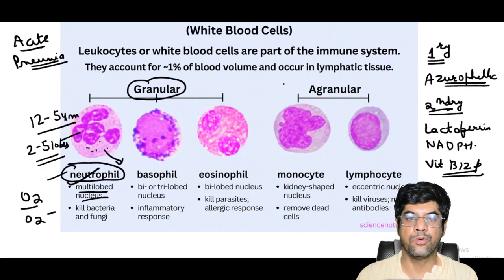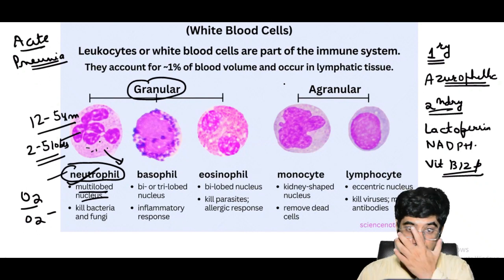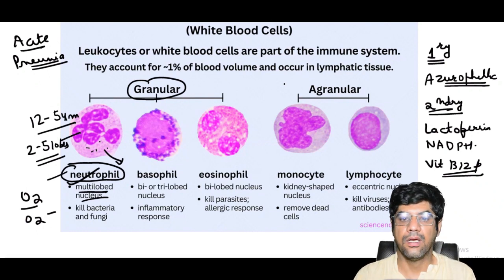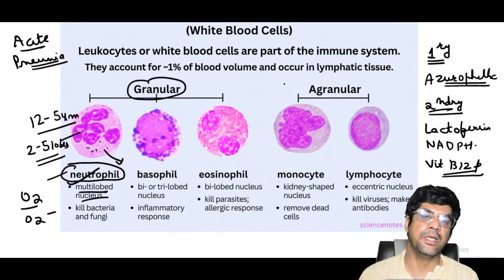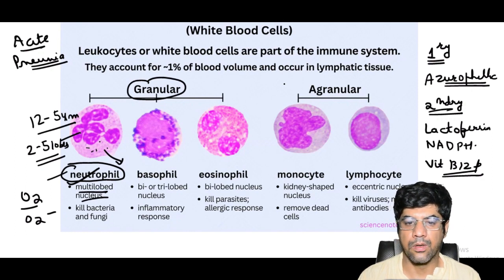The cause could be typhoid fever, influenza, measles, viral hepatitis. The drugs involved could be chloramphenicol, cotrimoxazole, anticonvulsants, various hematological disorders like pernicious anemia, aplastic anemia, that could be the cause.